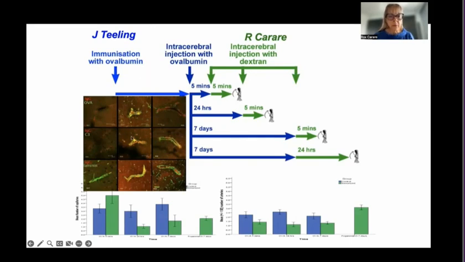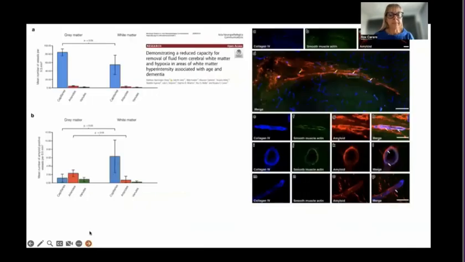And at that time point, the immune complexes are based in the basement membranes of capillaries and arteries, and they block the drainage of dextran, of tracers. They block it temporarily in normal experimental models, which of course does suggest that if the vasculature and the basement membranes are healthy, then IPAD does recover.